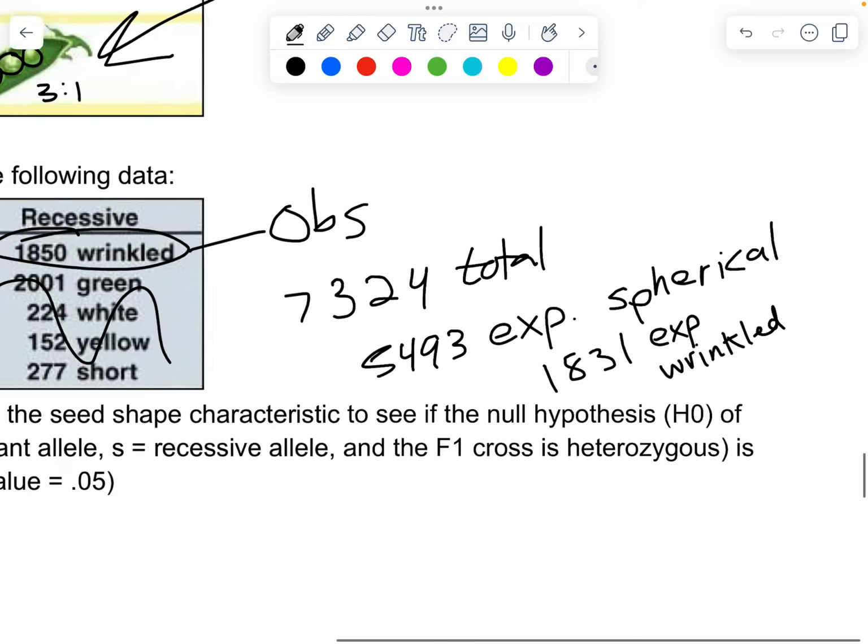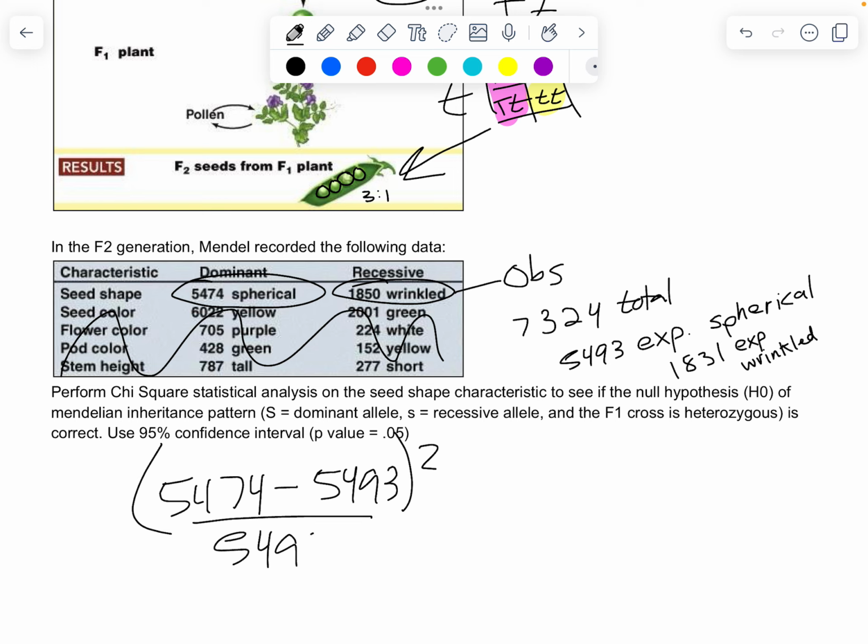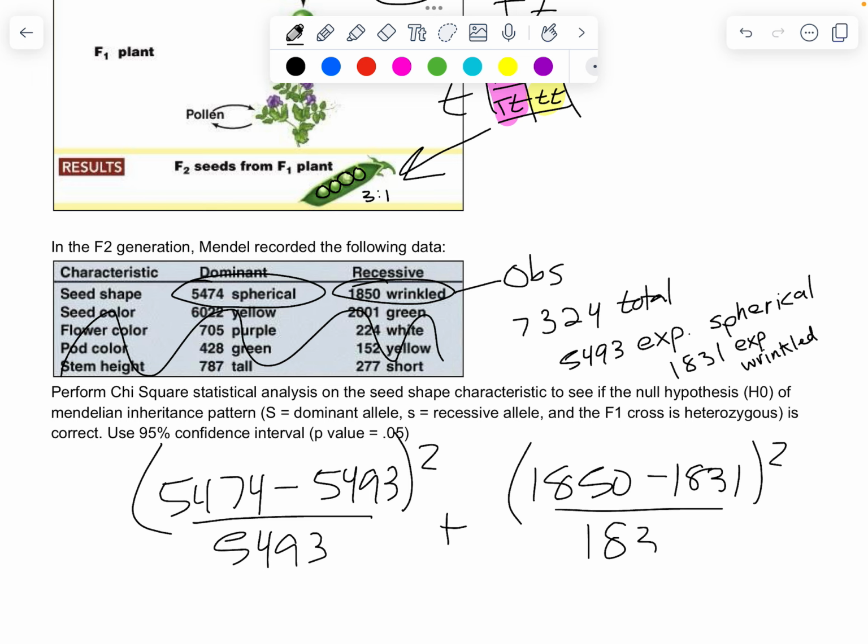And then I just say, okay, observed minus expected, squared. So 5474 minus 5493, squared, divided by expected, 5493, plus 1850 observed minus 1831, squared, divided by 1831.